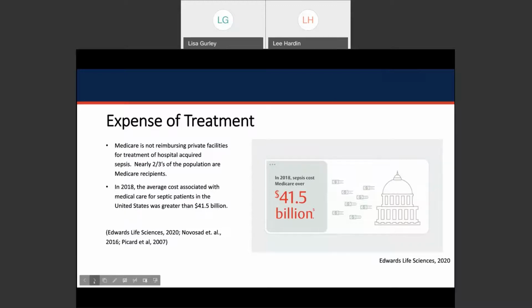Sepsis is the #1 cost of hospitalization in the United States, consuming more than $27 billion each year. The average cost per hospital stay for sepsis is double the average cost per stay across all other conditions. And sepsis is the #1 cause for readmissions to the hospital, costing more than $2 billion each year.